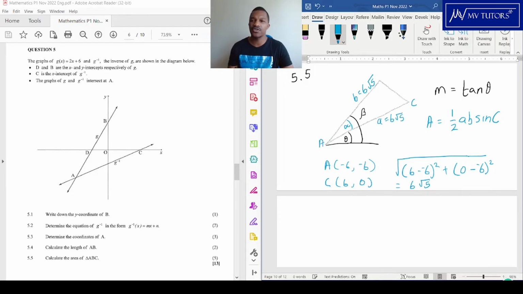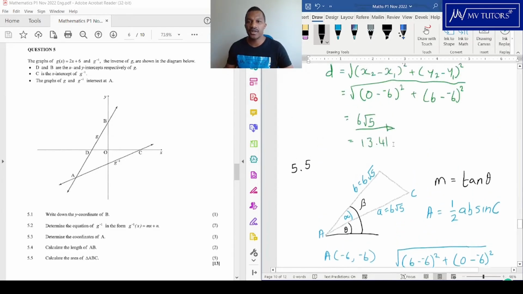So now I have the two sides, A and B, to plug into the area formula. Now I just need to solve the angle of C, which is alpha in this case. Okay, so how am I going to do that? I'm going to start with the gradient, which is equal to tan theta. I know the gradient of this line AC.